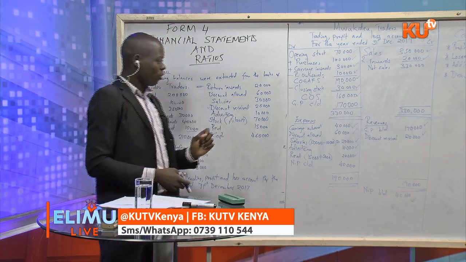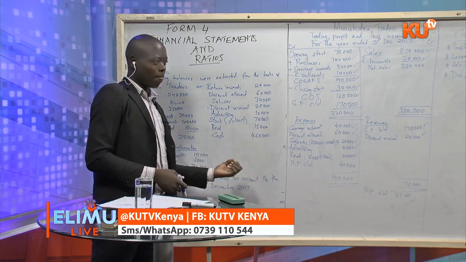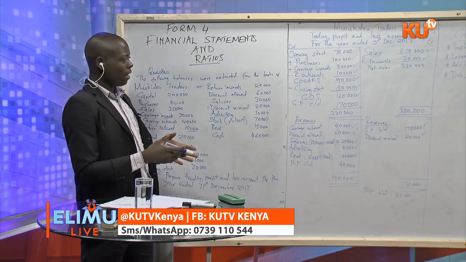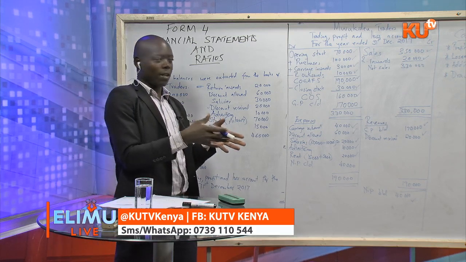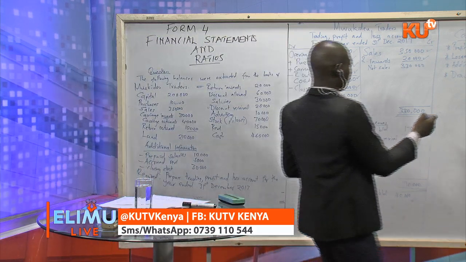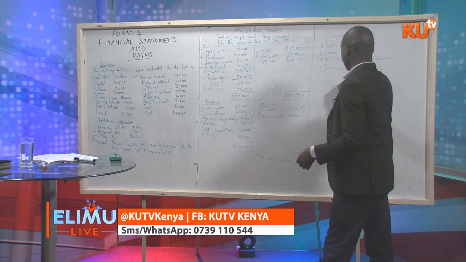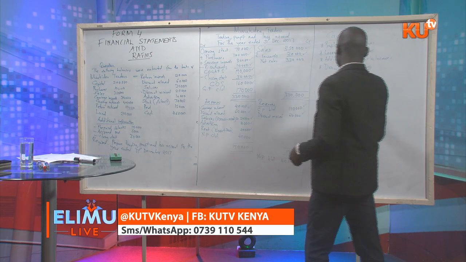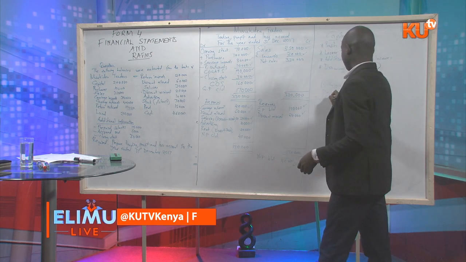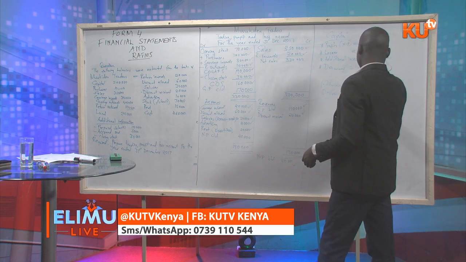And then lastly, if you had been given provision for depreciation, when you're transferring the figure for the asset to the balance sheet, you have to take that figure. If you had the record for machinery, that is 50,000, and then there was a record for depreciation, the figure had depreciated by 5%.